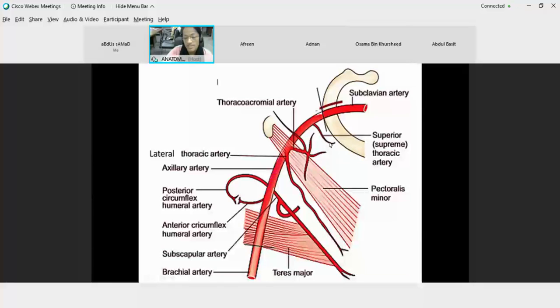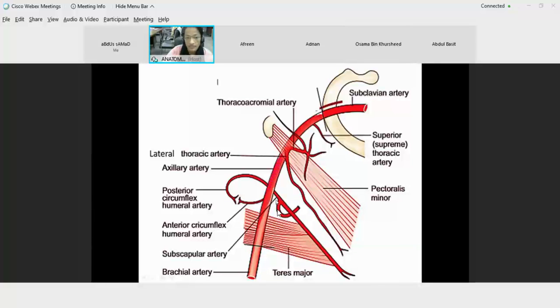Then from the second part, this is the thoracoacromial artery, which arises at the upper border of the pectoralis minor muscle, and passing down the lower border of the pectoralis minor is the lateral thoracic artery. These are the two branches arising from the second part.